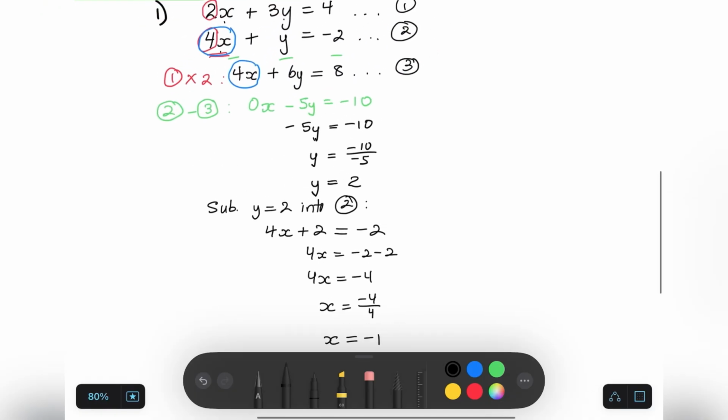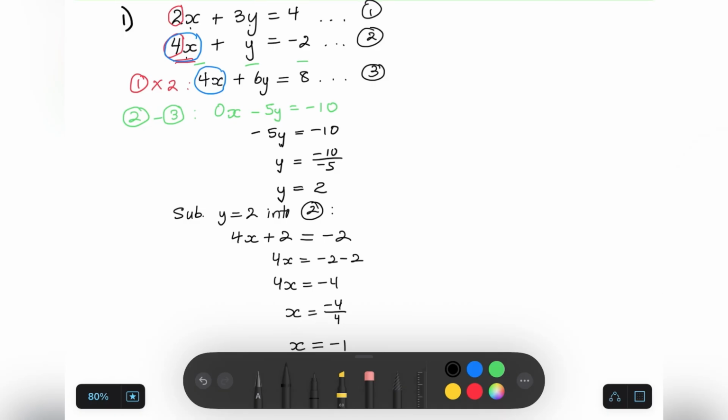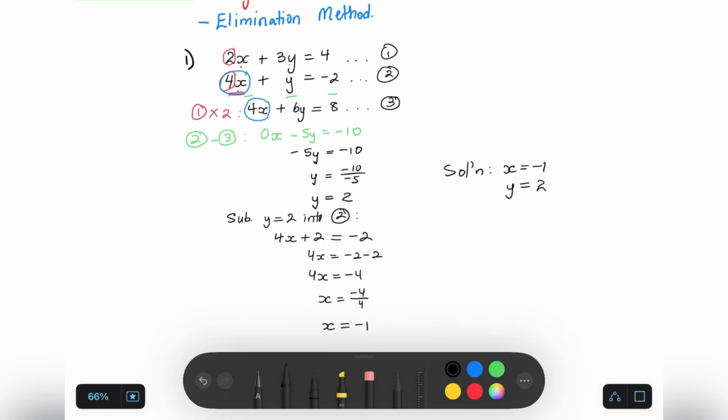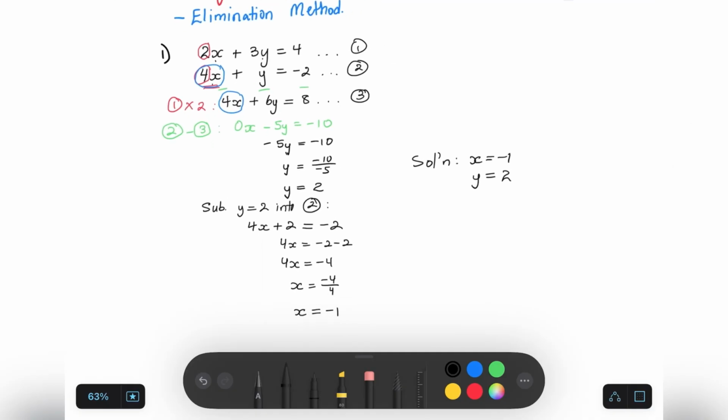So the solution of this pair of simultaneous equations will be when x is negative 1, y is 2. And to check if your answer is correct, you need to substitute those values back into the original equations to see if it works out.